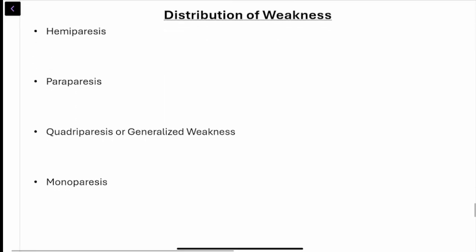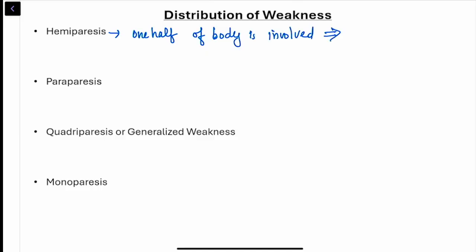Now, distribution of weakness is also important because it will help us understand the cause of weakness. For example, if there is hemiparesis, meaning one half of the body is involved, it is suggestive of stroke.